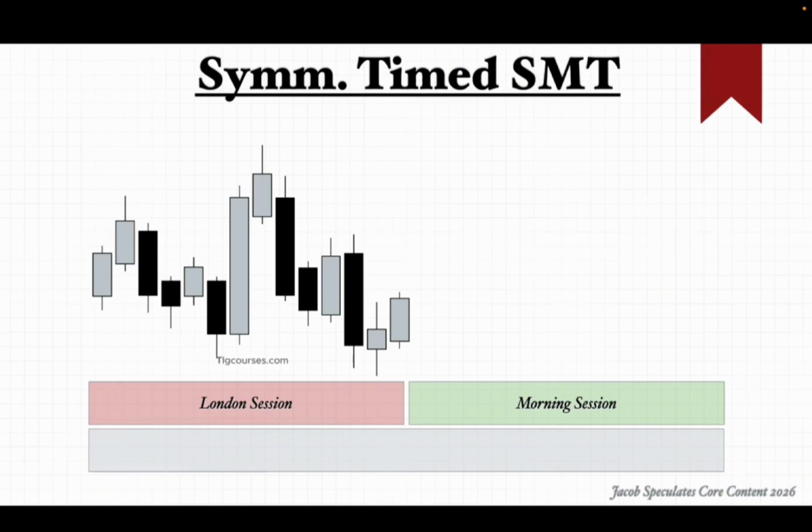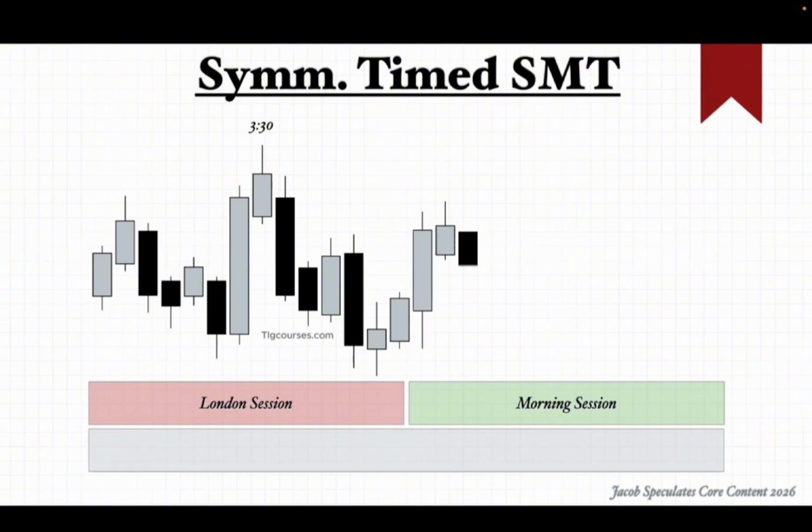The absolute best case scenario is if London session's high had the exact same high on all three of the assets. So let's say that once London session closed, we looked on all three assets that we trade, being the S&P, the NASDAQ, and the Dow, and the high of London session on all three of these assets formed at the exact same time, in this example being 3:30.